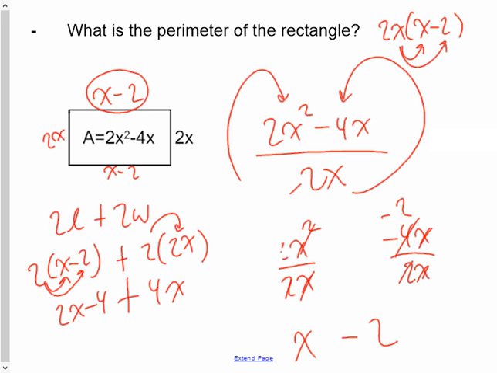So now I have 2x minus 4 plus 4x. These are like terms, which means I can simplify them into 6x, and therefore the perimeter of that rectangle would be 6x minus 4. Press pause if you need to copy that down. Copy that down as is.